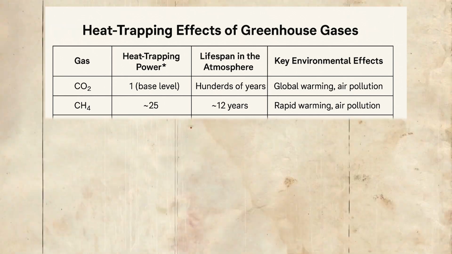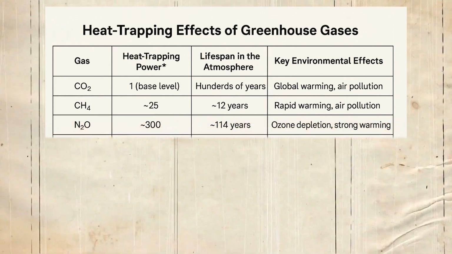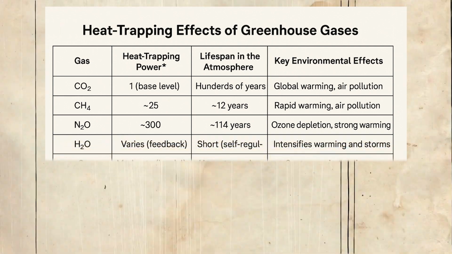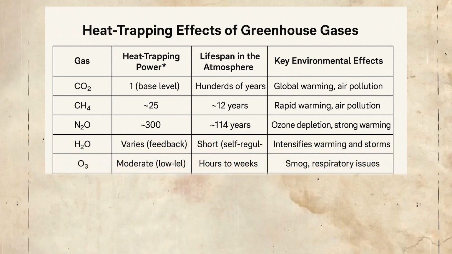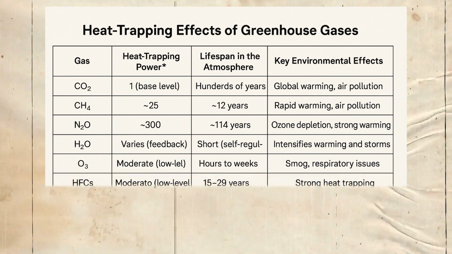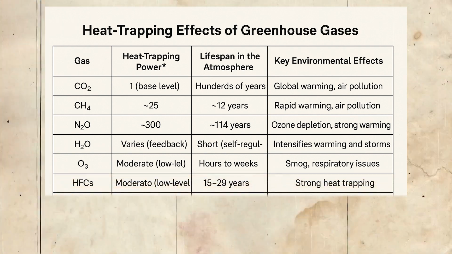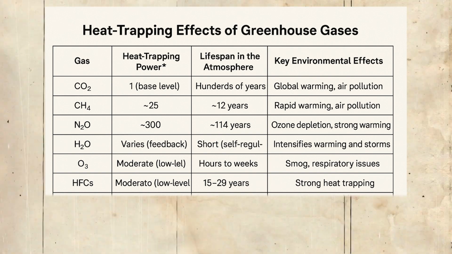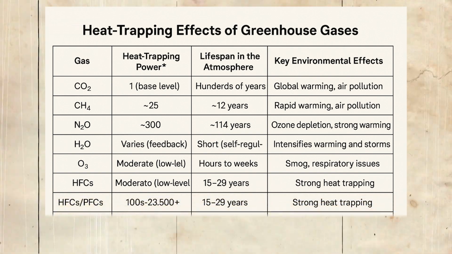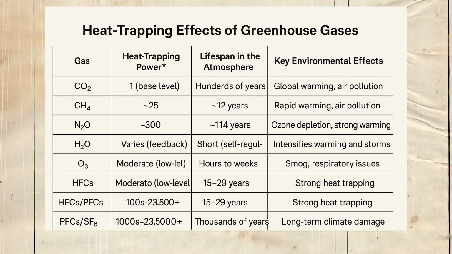When we talk about N2O, it remains for 114 years. And H2O and O3 remain for a short time and then go away. But HFCs remain for 15 to 29 years. And the most dangerous, PFC and SF6, remain for thousands of years.